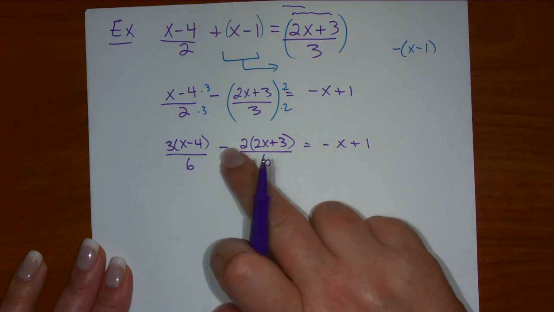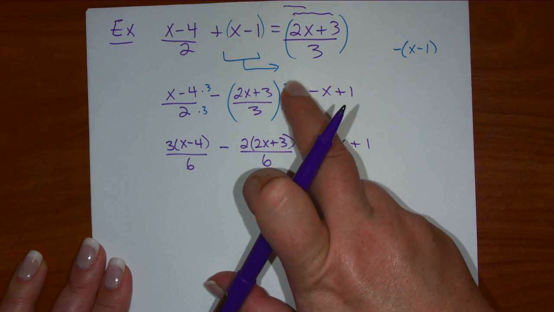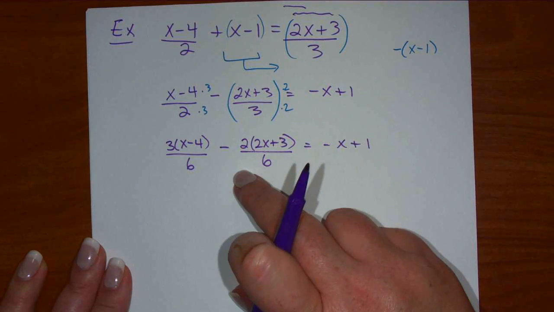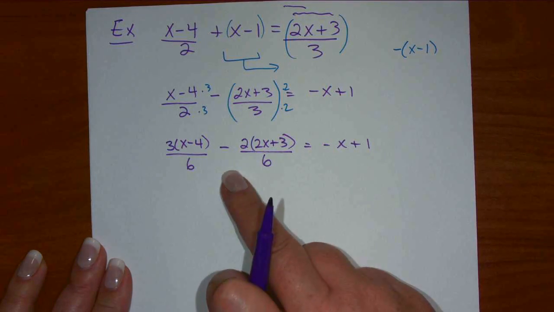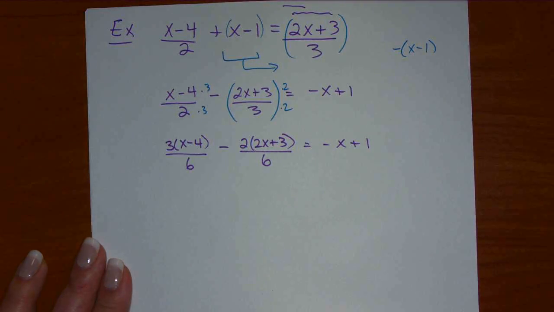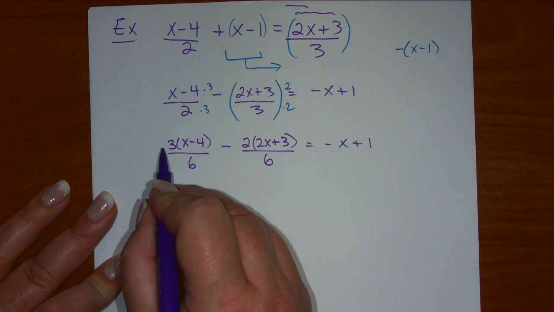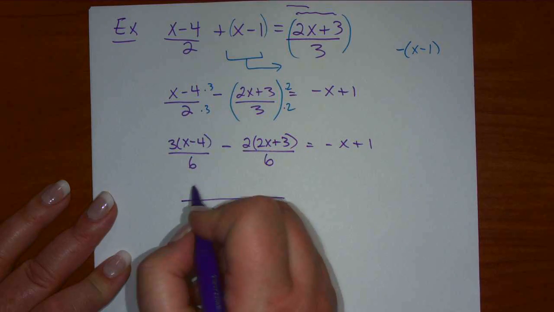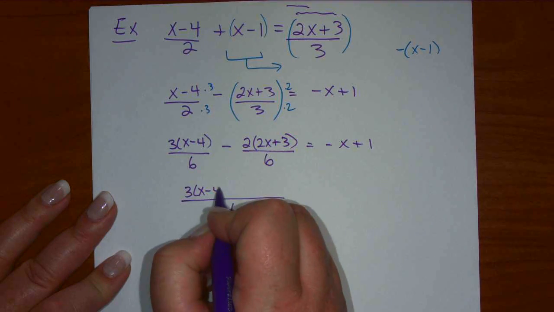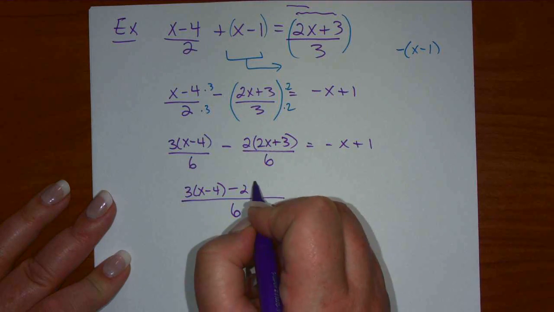And you notice when I do that, even though I wrote the 2 at the end, when I put it on top of the fraction, I put it in front of the bracket, so you'll remember to multiply that out. So when we combine these now, they have the same bottom, so we make one big fraction, 3 onto x minus 4 minus 2 onto 2x plus 3.